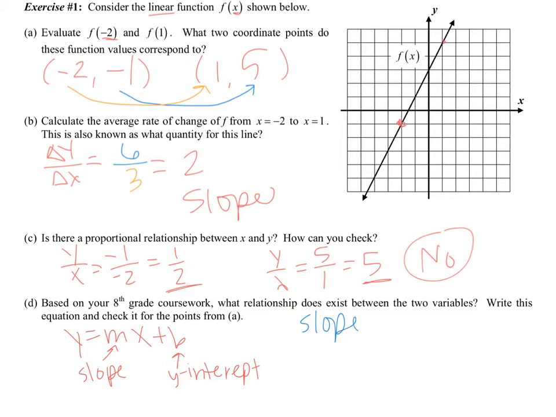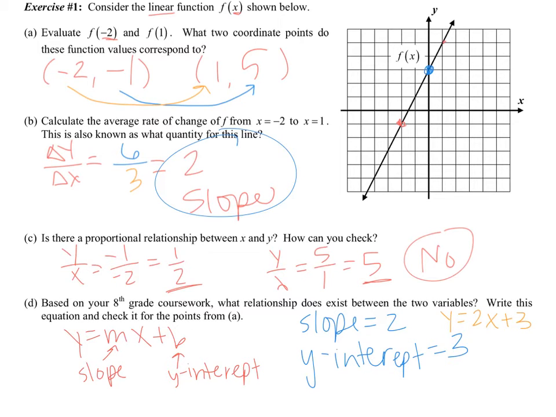We found up above that the slope is 2. Now the y-intercept is where it crosses the y-axis, which is at 3. So the equation is y equals 2x plus 3, because we plug the 2 in for the m and the 3 in for the b.